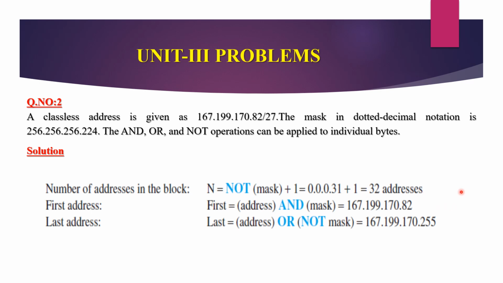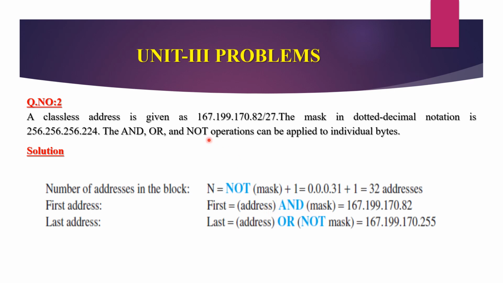This gives the number of addresses in the block. We find the first address by the AND operation of the address with the mask, so the individual bytes are masked using the AND operation.